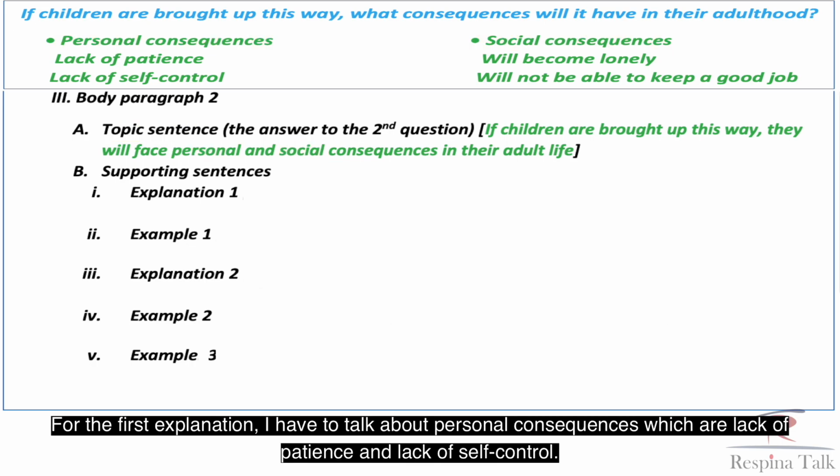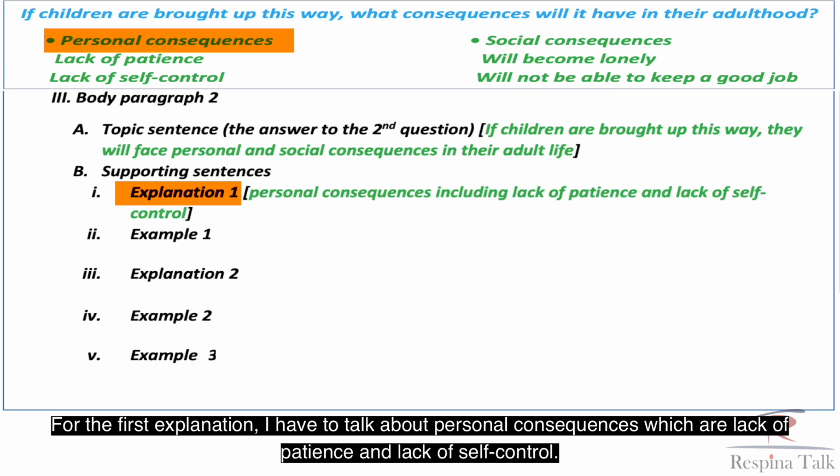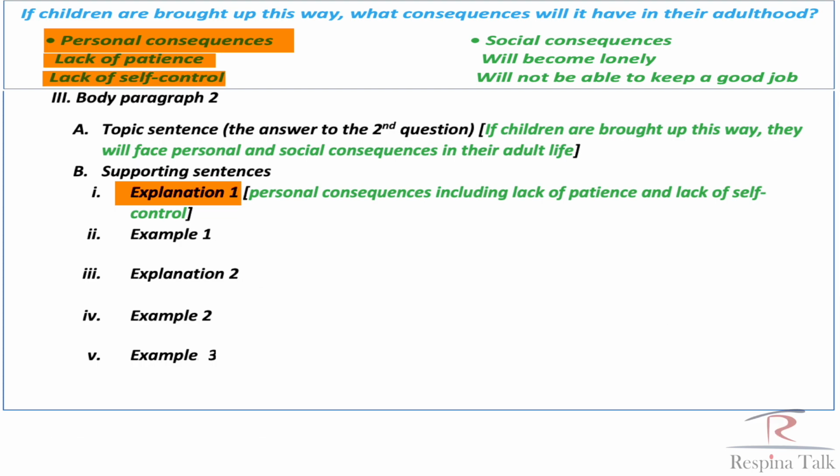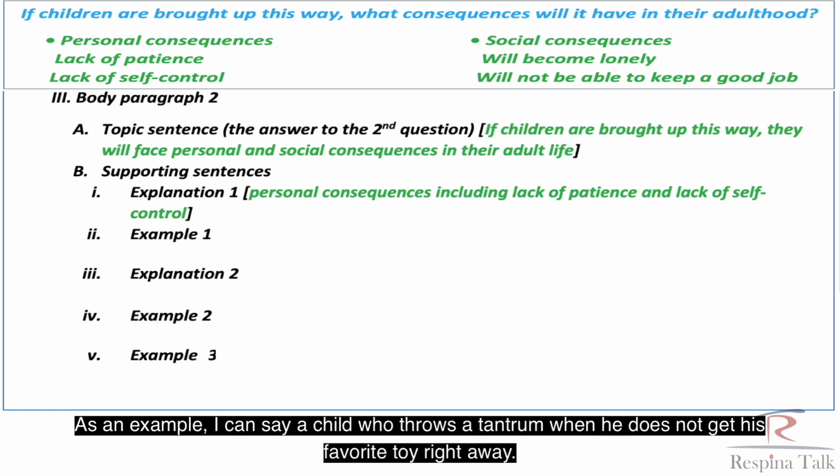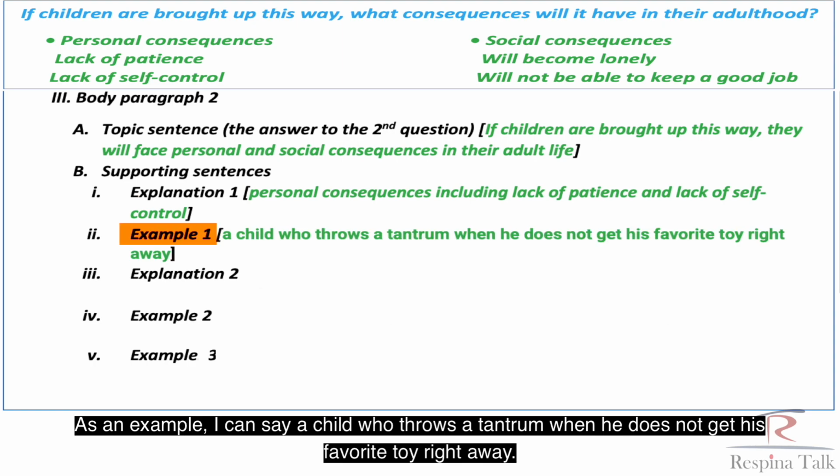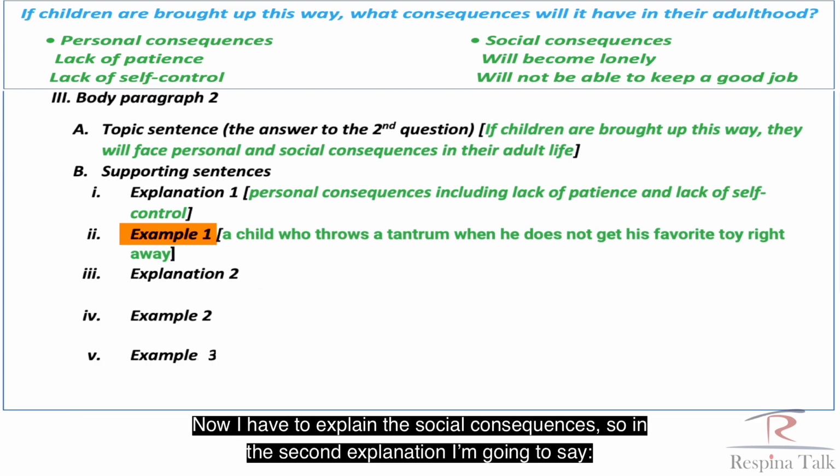For the first explanation, I have to talk about personal consequences, which are lack of patience and lack of self-control. As an example, I can say a child who throws a tantrum when he does not get his favorite toy right away. Now I have to explain the social consequences.